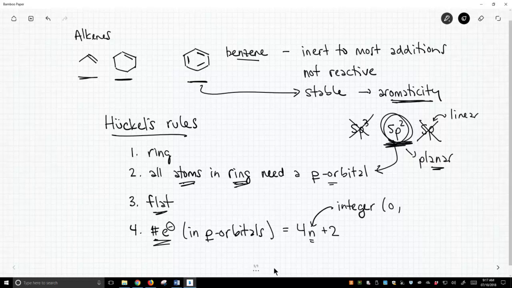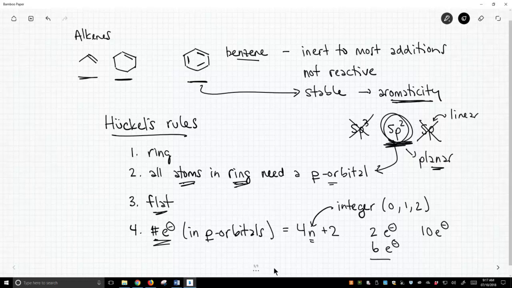And it could have a value of 0, 1, or 2. Now, we won't get too exotic in here, but in effect, if n equals 0, 4 times 0 is 0, plus 2, 2 electrons. 2 electrons is a valid solution. If n equals 1, 4 times 1 is 4, plus 2 is 6. 6 electrons is a solution. And another one you encounter sometimes is 10 electrons. You can keep going, but these are the common ones.